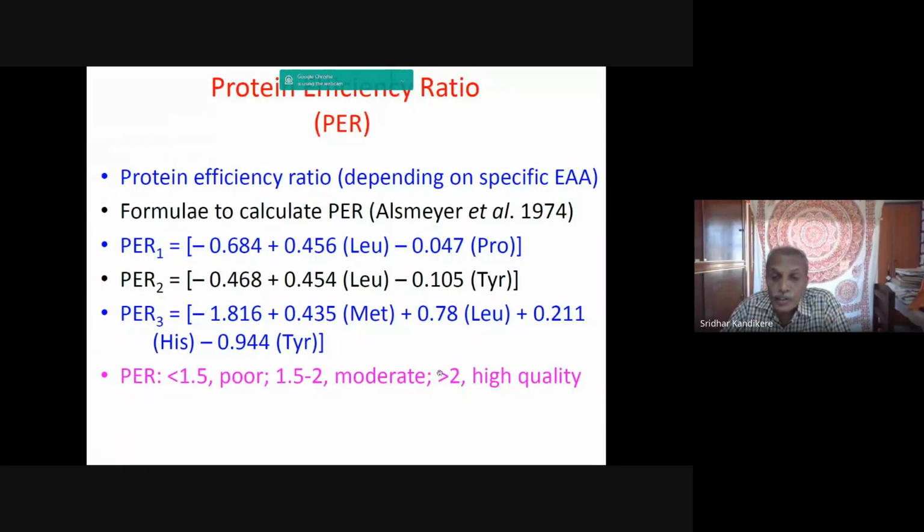And those more than 2 are referred to as high quality food material. Therefore, protein efficiency ratio depicts the quality of the food, whether unprocessed, processed, or cooked, or whatever type of processing we evaluate for mushroom for consumption purposes.